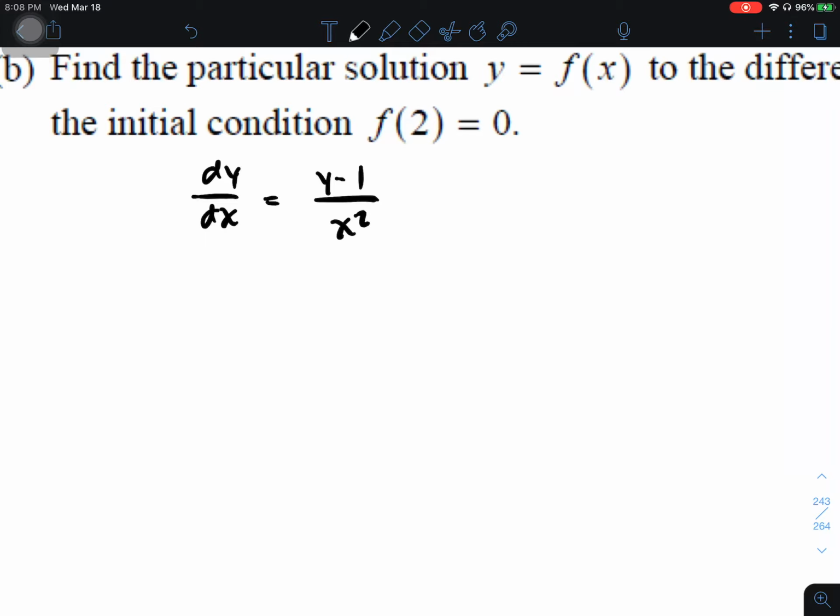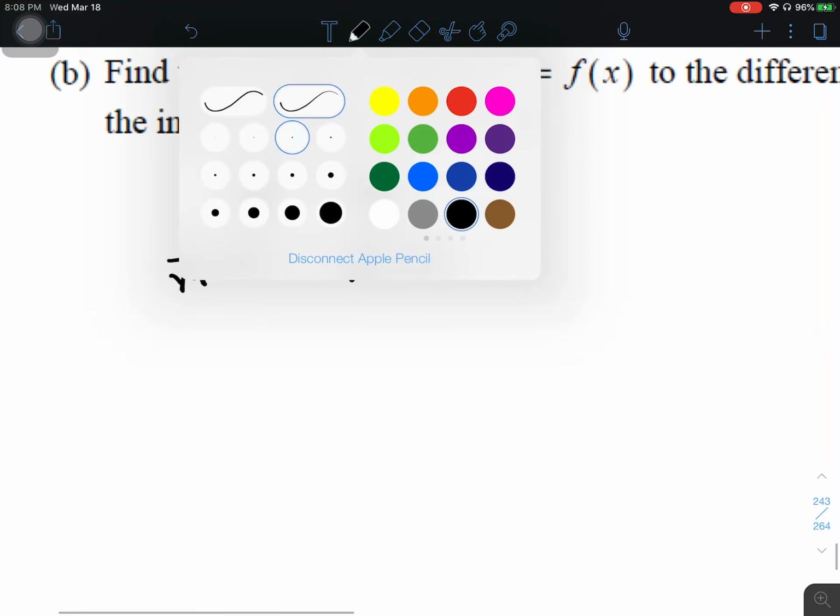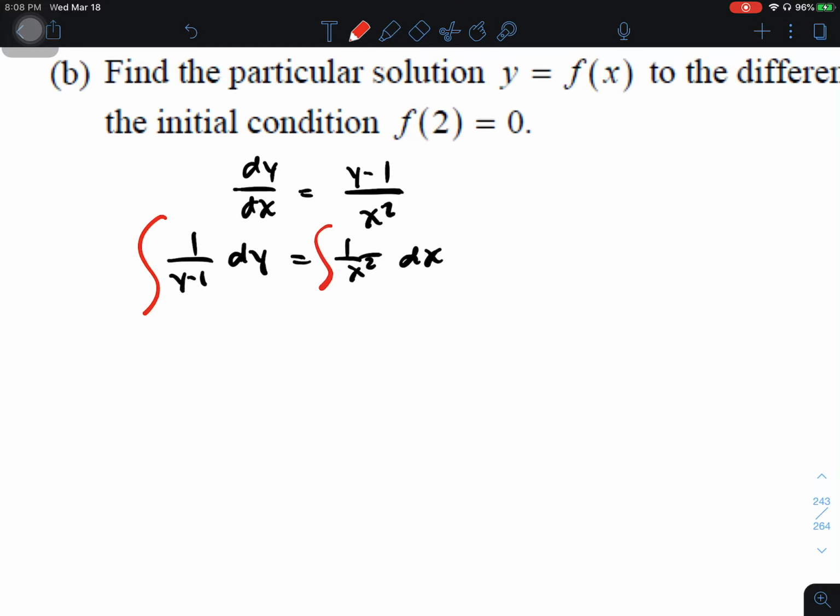Let's see here. I'm going to divide both sides by y minus 1 and multiply both sides by dx. And we're going to integrate these, and there's still some things I want to change here to do this integration.